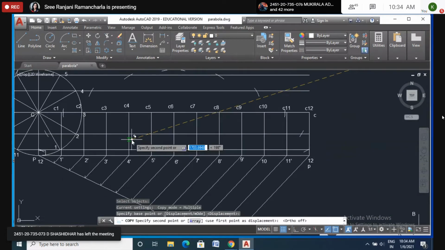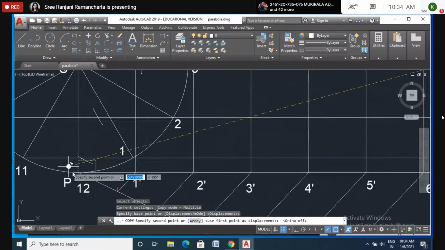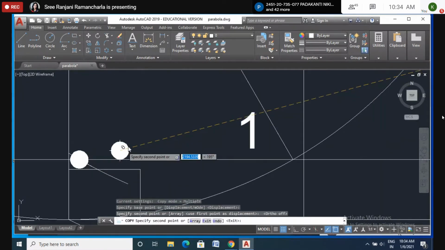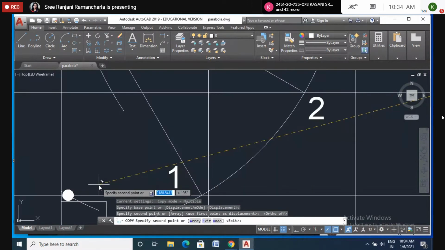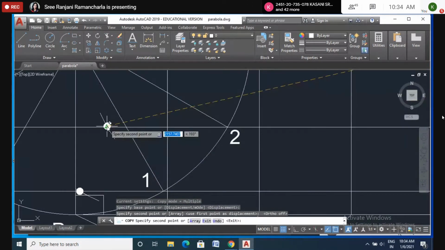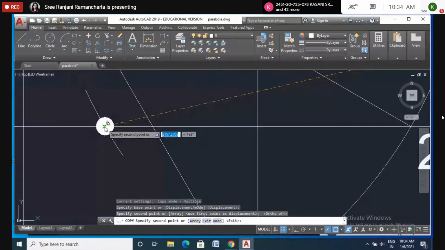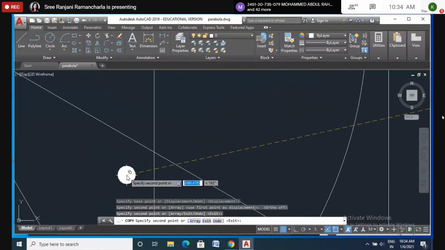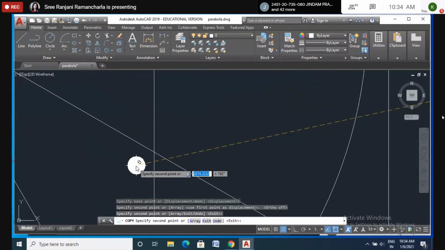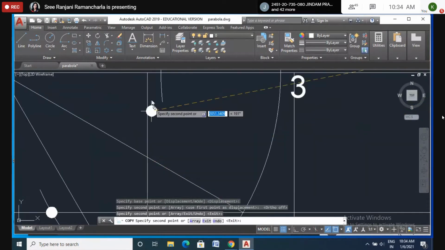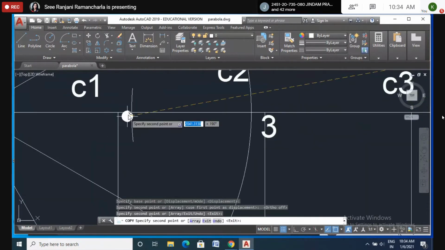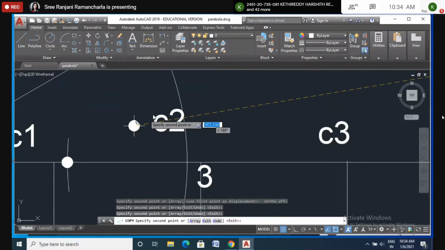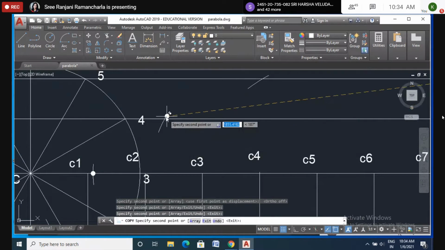I want to make a point here at the different kinds of distances. So you also make a small point, not a very big one. Why? Because when you draw the freehand curve, our vision will go exactly to the point only. That's why I'm asking you to mark a point here.